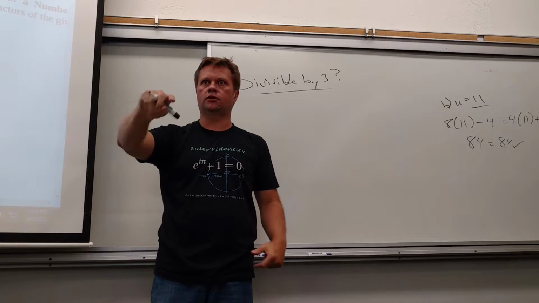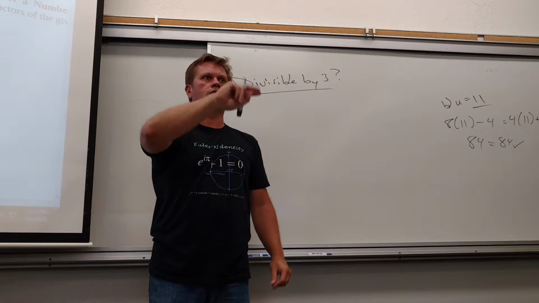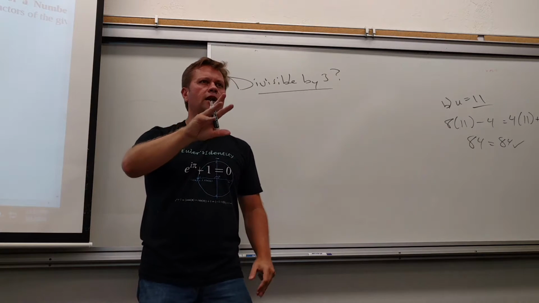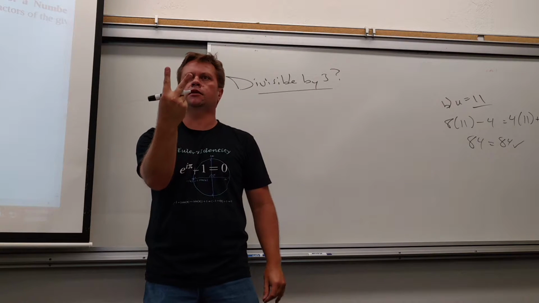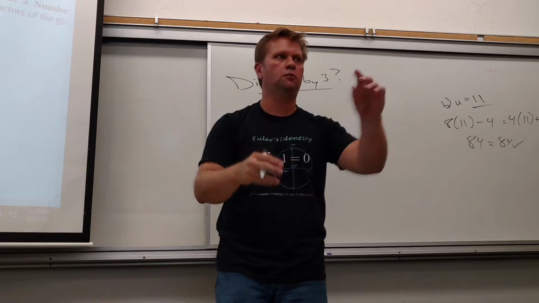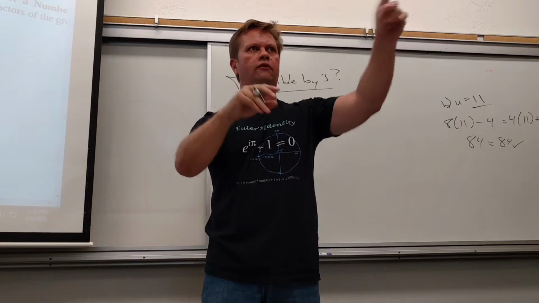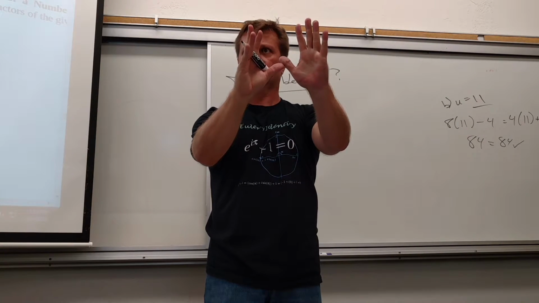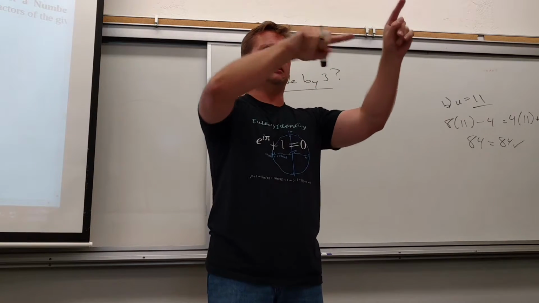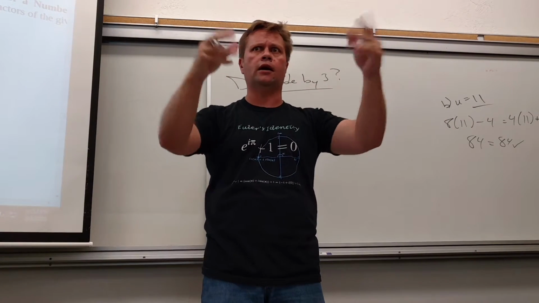Those are the odd numbers and they're separated by 2. So every even number is separated by 2, every odd number is separated by 2. If you add 3, you're going odd, even, odd, even. You're not getting all the odds or all the evens.